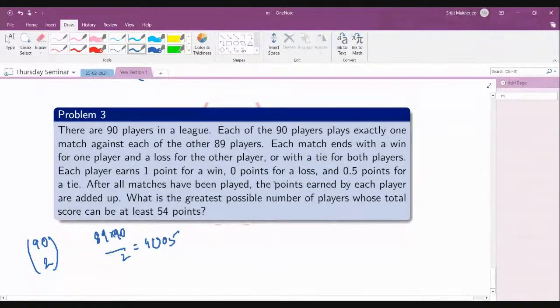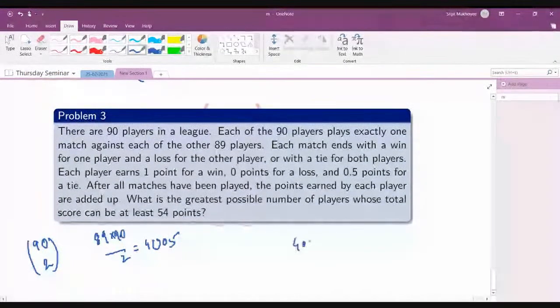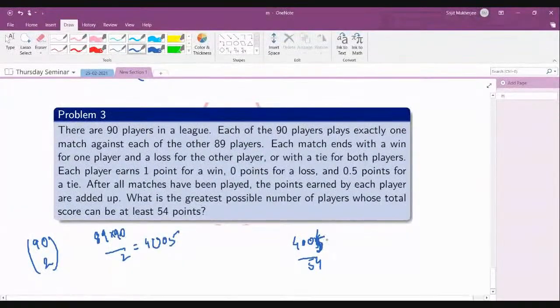It's asking how many players there can be whose total is at least 54. Let's say the average. So 4005 divided by 54. If we divide the score uniformly, let's see what the possibility is over here.